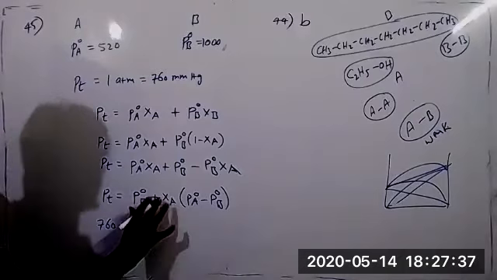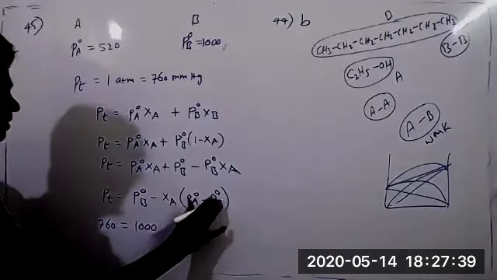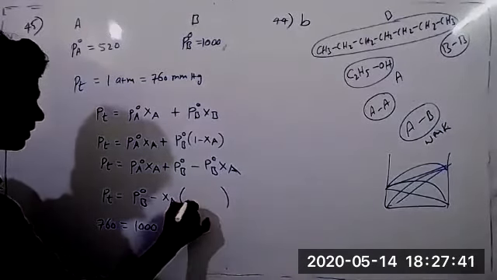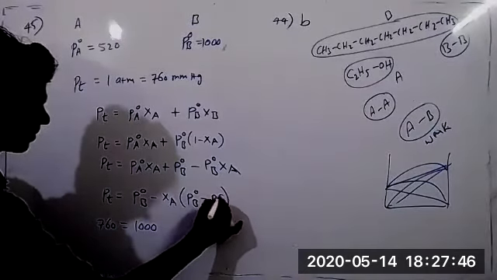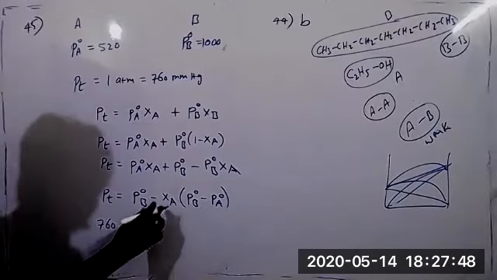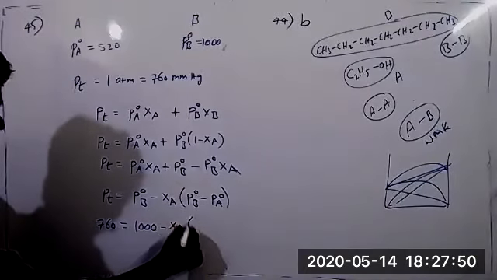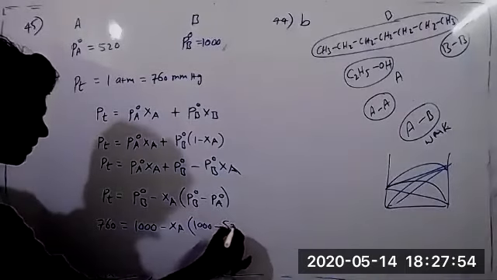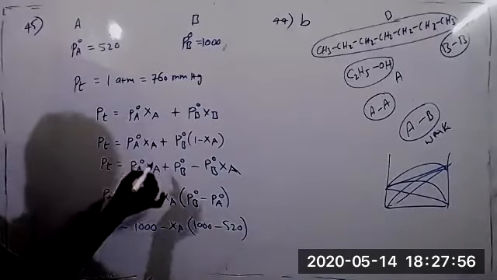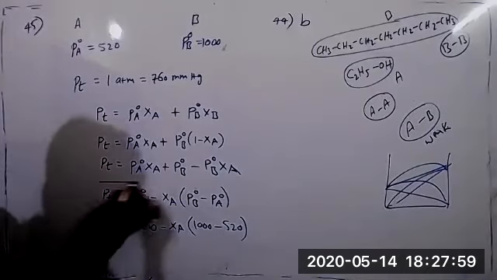Okay, coming minus, so I take minus here. So PB power 0 minus PA power 0. Here XA we have to calculate. PB power 0 is 1000 minus PA power 0 520. So this is also Raoult's law, we have the Raoult's law formula.